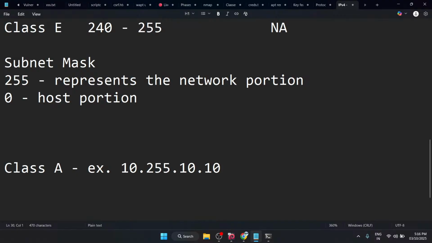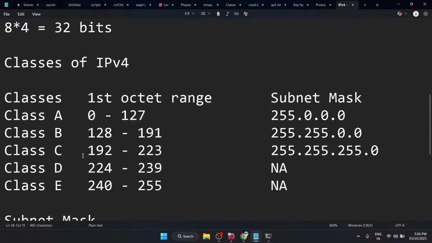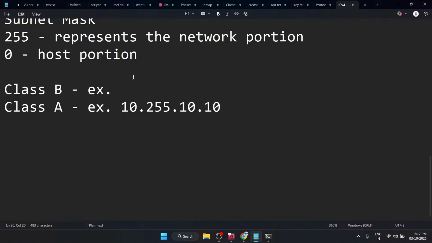Let's take a few more examples of IP addressing before that. Let's take a class B example. The IP should range between 128 and 191. So I'm gonna put 128 dot, and anything after this, 50, 70, 90, whatever I want.